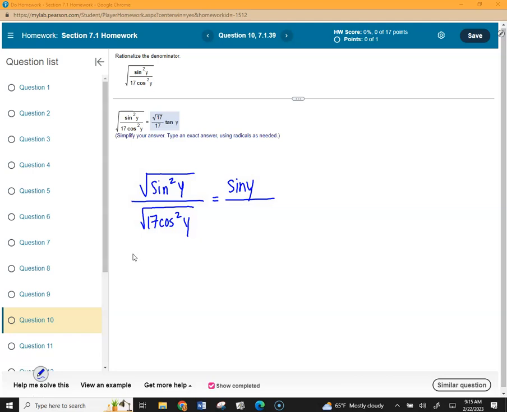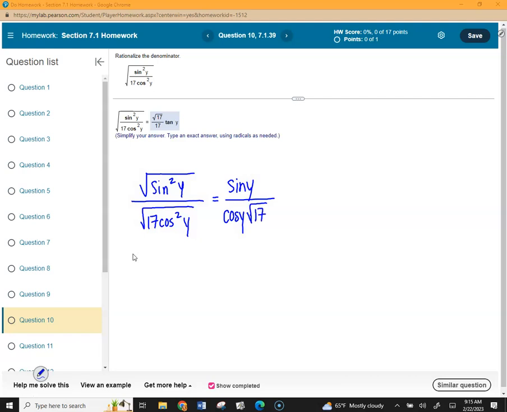Now, can you take the square root of 17? No. Can you take the square root of cosine squared? Yes. What would it be? Okay, so I'm going to pull it to the front. But we just agreed that you can't take the square root of 17, so that stays there.